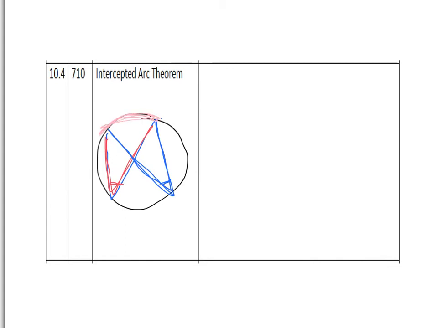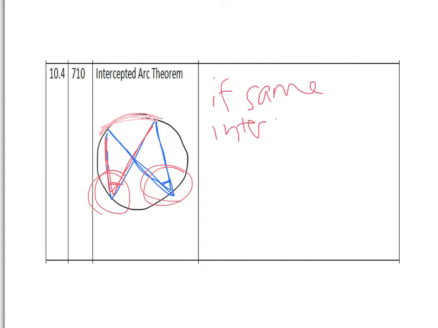We said an intercepted arc is an arc formed by inscribed angles. So if you have two inscribed angles that meet at the same intercepted arc, then these angles are going to be equal to each other. So if same intercepted arc, then angles are congruent.